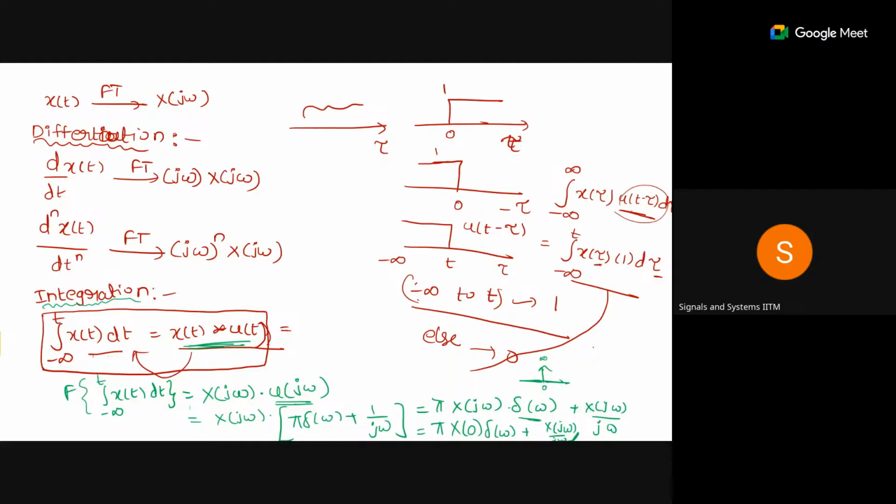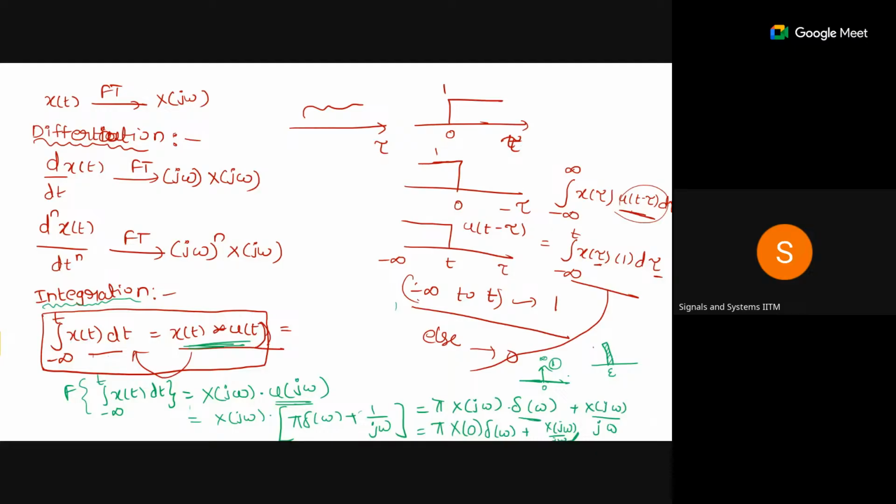Can I move further? Yes, ma'am. Ma'am, at omega equals 0, the delta function will be 1, right? Actually, it is supposed to be infinity, but it can be taken as 1 also, because the area under the delta function is 1.